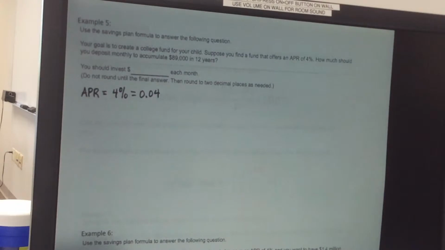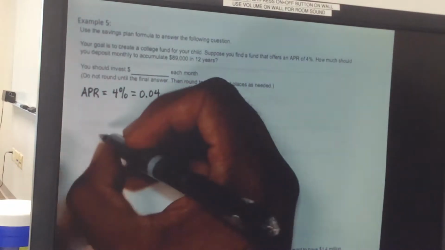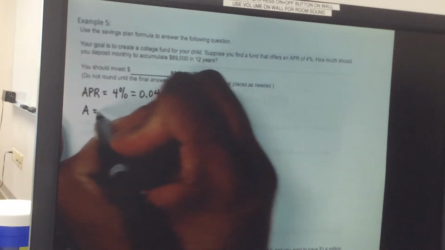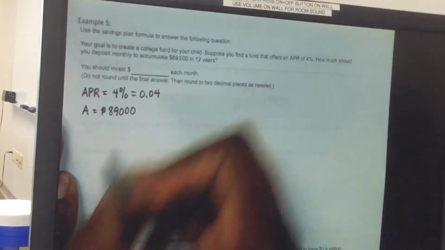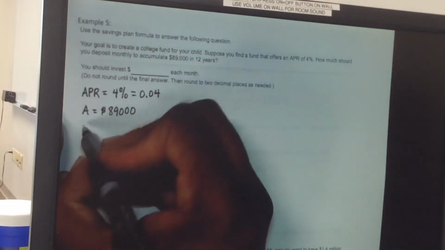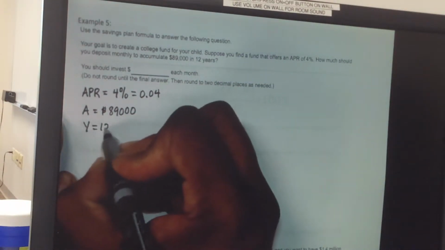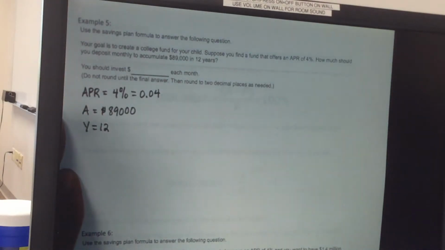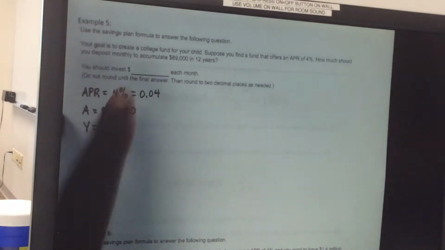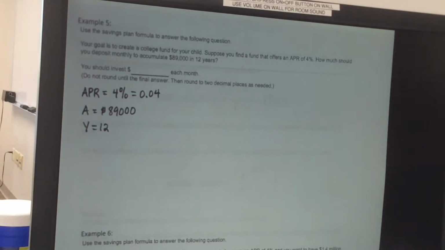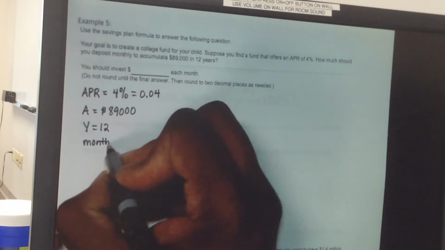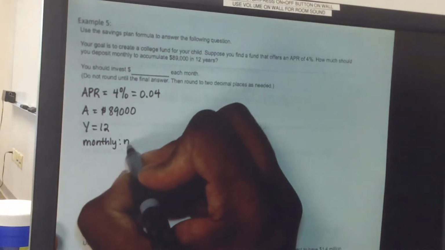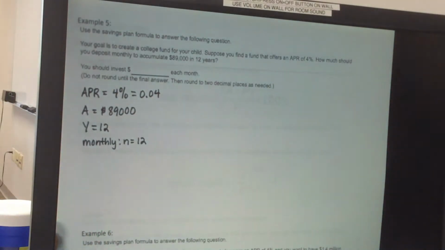And we want to accumulate $89,000, so that's going to be A. And we want to accumulate that amount in 12 years. So y is equal to 12. And we want to find out how much should we invest each month or monthly. That means your n is going to be equal to 12.